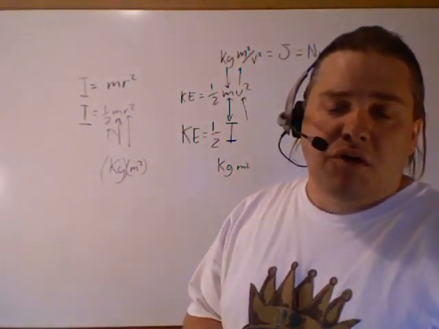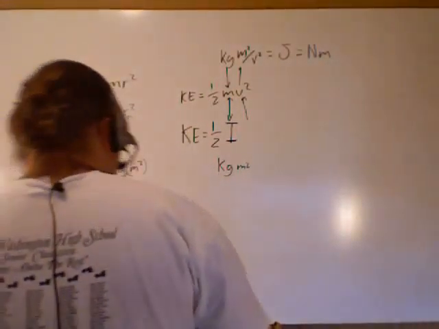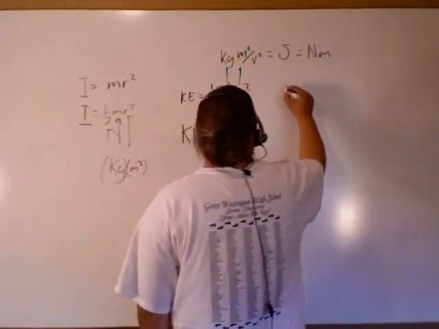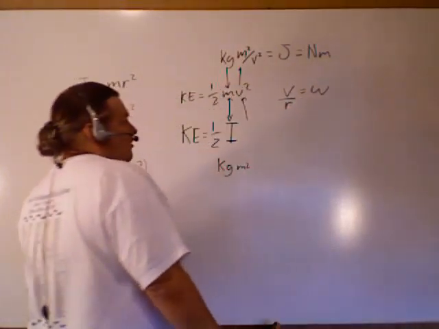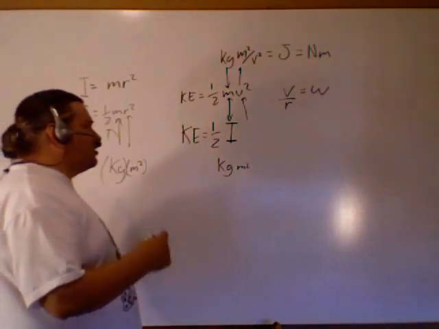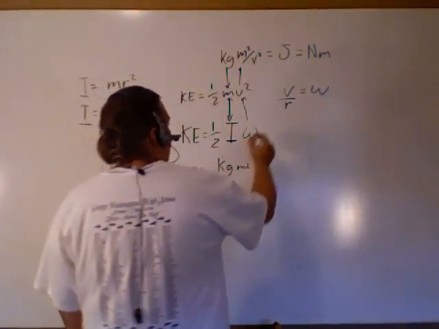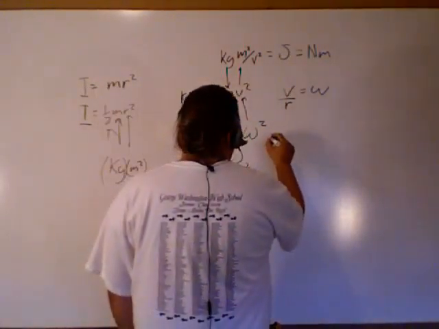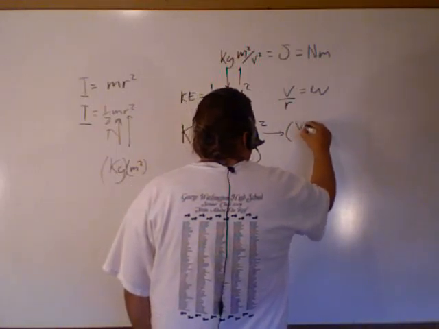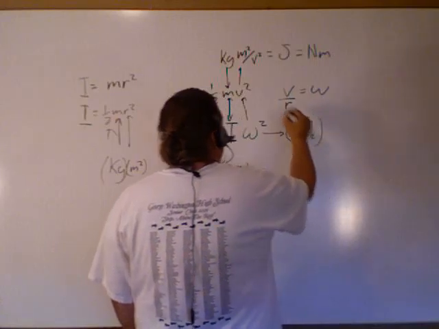When we look at that and we want to translate that into a rotational component, we know the relationship between v and omega. So when I bring in the rotational equivalent to velocity, which is omega, and square it, this is going to be equal to v squared over r squared, which is going to give me the units of velocity right here.